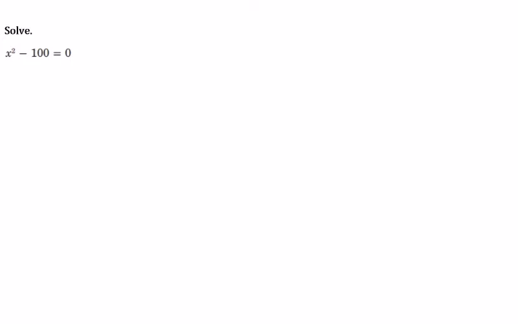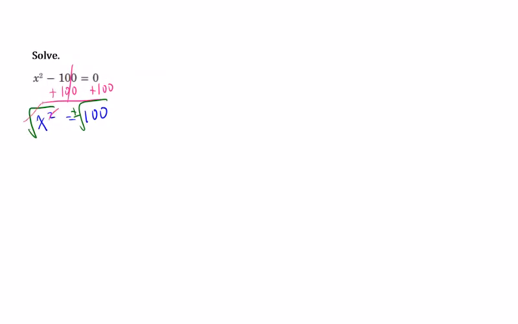One we did by factoring, and then we also did it last time by the square root method, right, where we added 100 to both sides, and then we got x squared equals 100, and then we took the square root of both sides, and we had to remember to put a plus or minus in front, right? And so square cancels out a square root. And so we end up with x equals plus or minus 10, right?